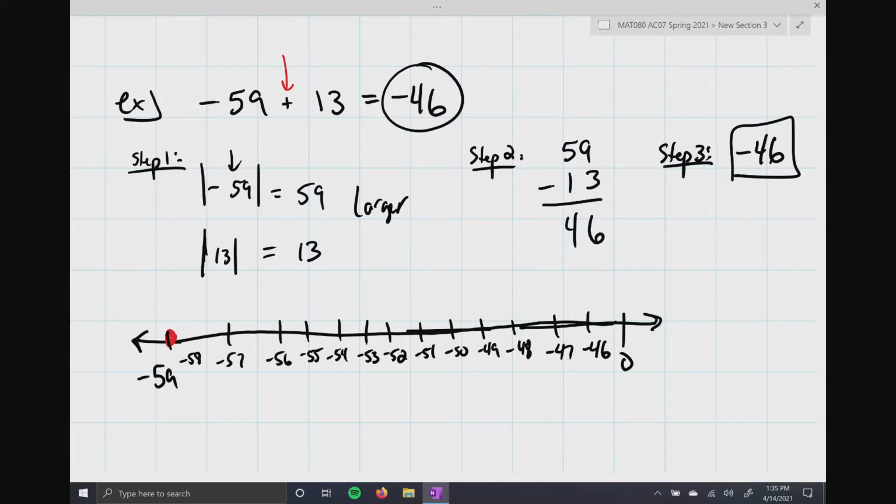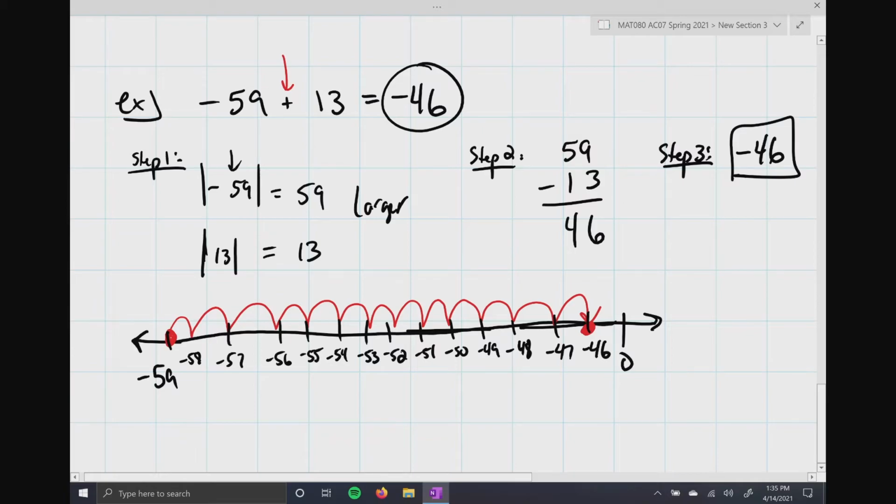The thing is, I don't move enough to the right to get out of the negative side of this number line. And that's why my answer is just negative 46. If I were to just count 1, 2, 3, 4, 5, 6, 7, 8, 9, 10, 11, 12, 13, notice that I ended up on negative 46 anyways.